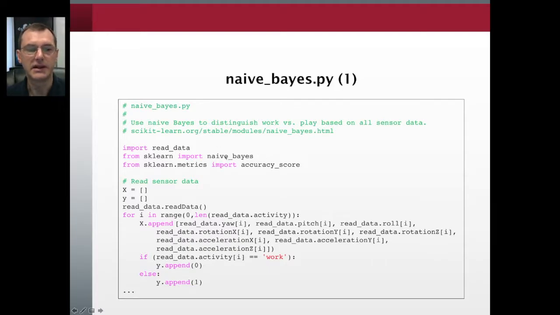And from the scikit-learn module, we're importing naive Bayes and the metrics module, which contains our method for computing the accuracy of our predictions. So as usual, we're reading in our data. In this case, we're actually going to go ahead and read in all 9 of our sensor values: yaw, pitch, roll, the 3 rotations and the 3 accelerations. And then, of course, in the Y array, we're going to be storing the values of the classes, 0 for work and 1 for play.